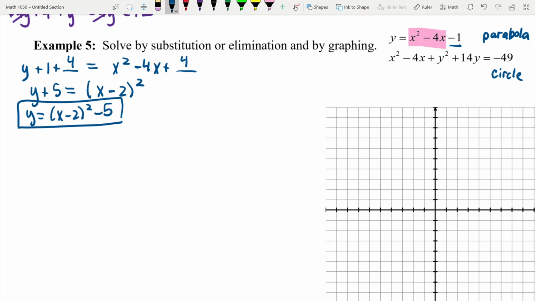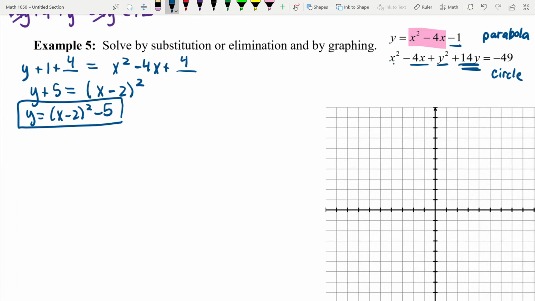Okay? Look at the next one. You have to complete the square twice. Look. See this x squared? Do you see how this x is hanging around? The x can't be there. So you're going to have to complete the square on the x's. Look at the y's. Do you see how you have a y squared and a plain y? That plain y causes problems, so I have to complete the square on the y.